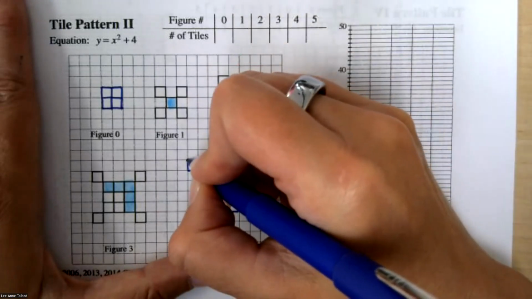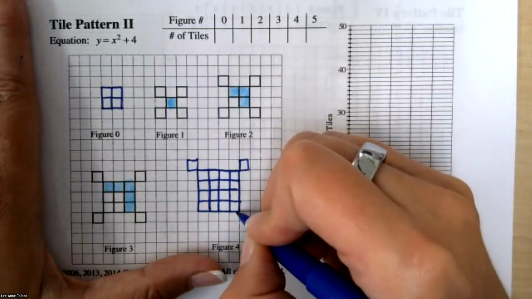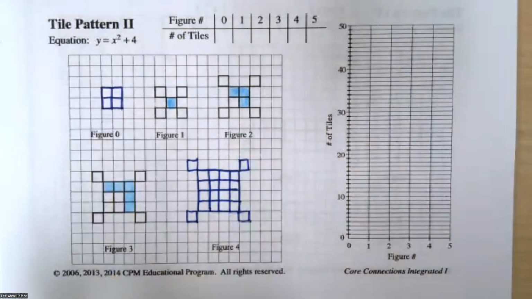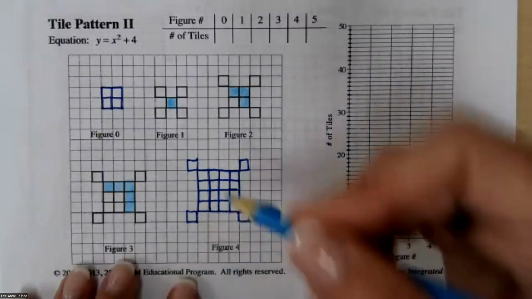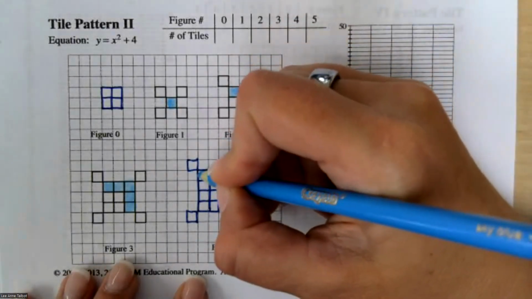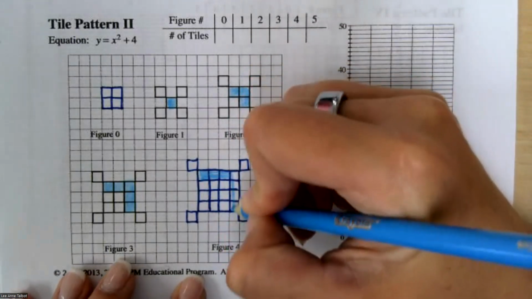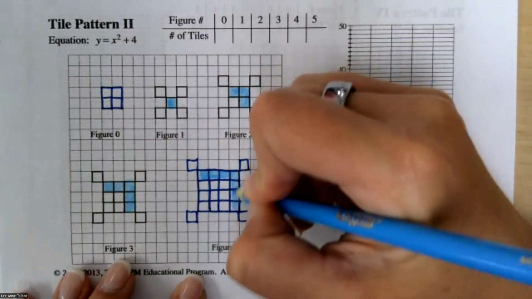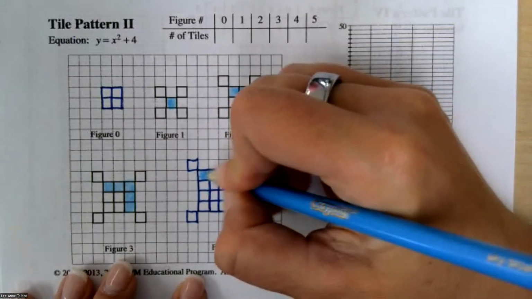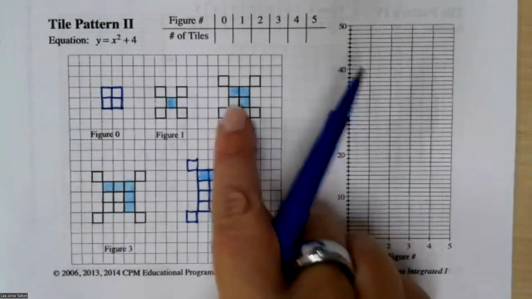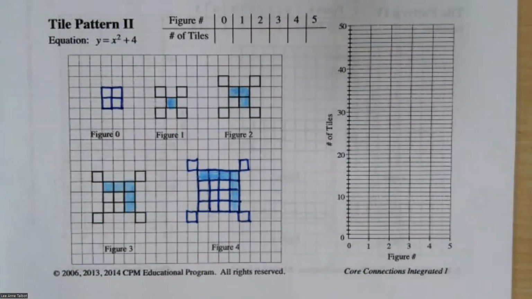Okay, so I got the 4 by 4, and now I have my 4 corner guys. Okay, there's my new tiles. All right. So you guys can tell this one's not adding the same amount each time. It added 1, then added 3, then added 5, then added 7.